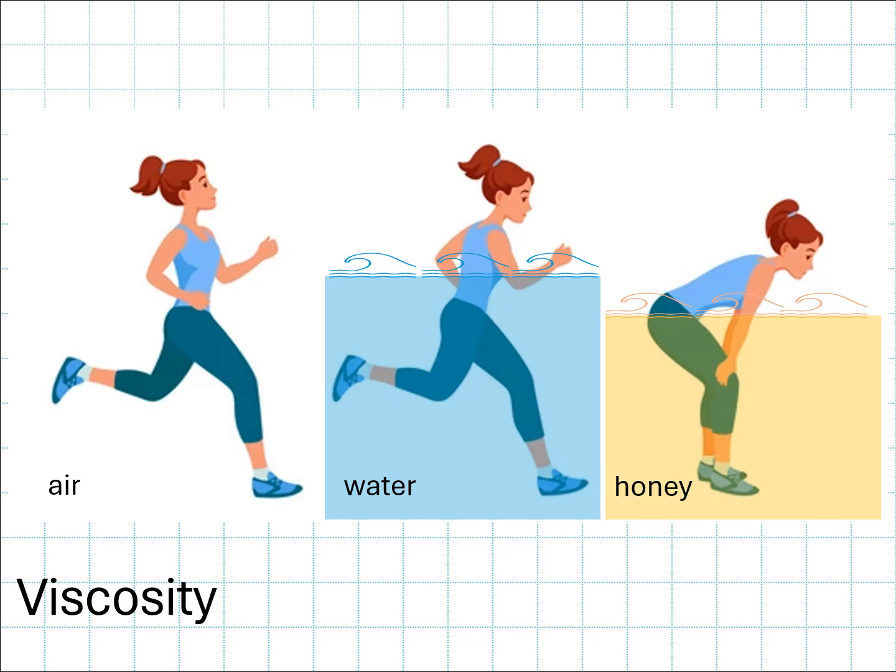Now, just imagine we filled that pool up with a much higher viscosity fluid like honey or motor oil, and then tried to jog through that. So just like our jogger in this cartoon, we would have to use a lot more of our body's energy to force it through that fluid.